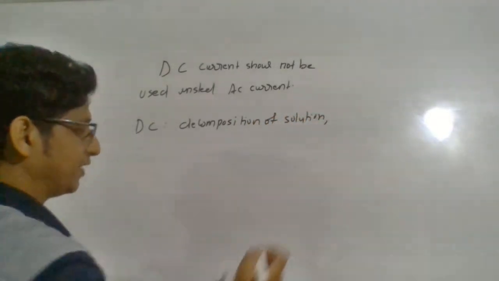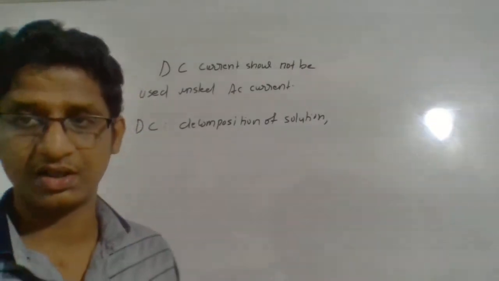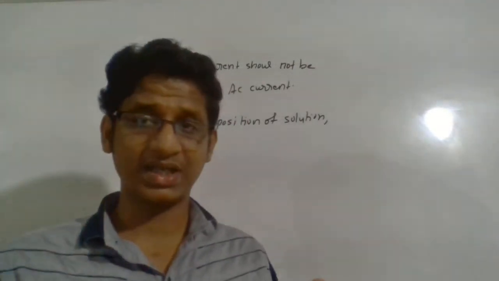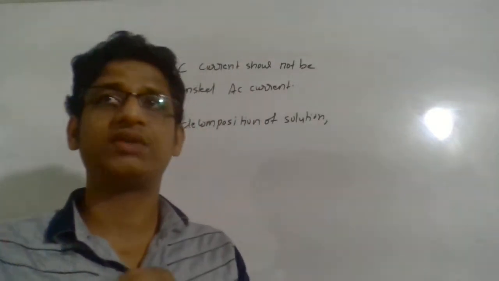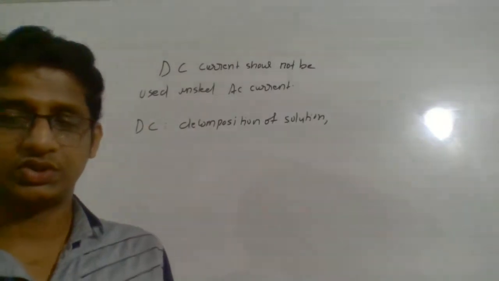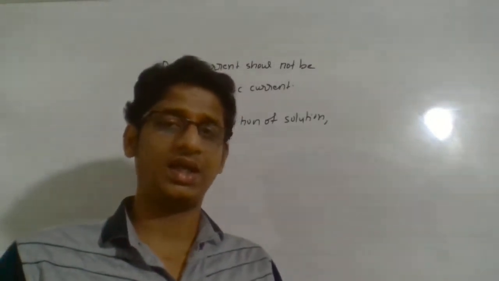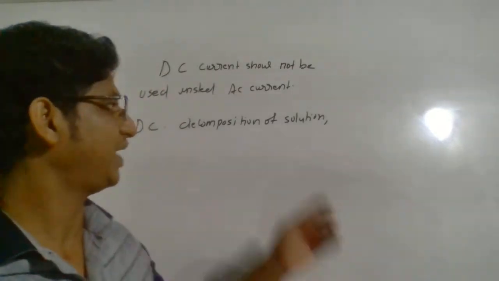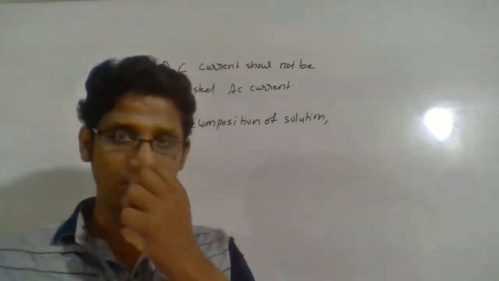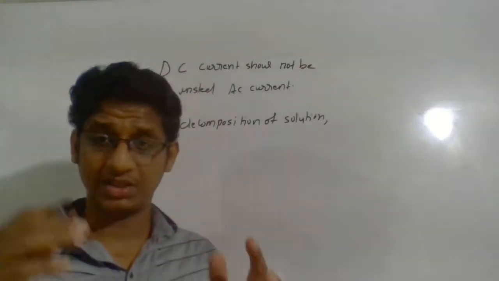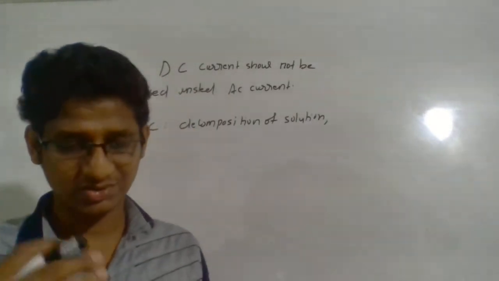So the net effect is that we get a different result rather than the expected result, because direct current passed through the solution causes polarization and a back potential will be generated. Always use AC current, because with the two cycles, the polarization developed will be almost nil.